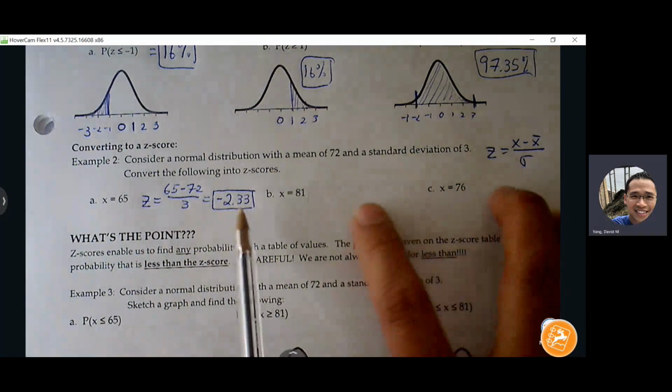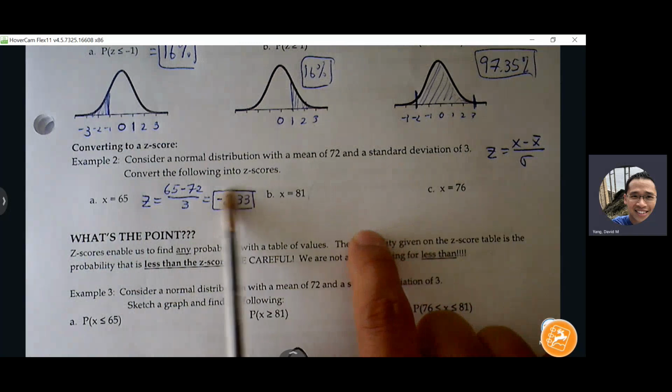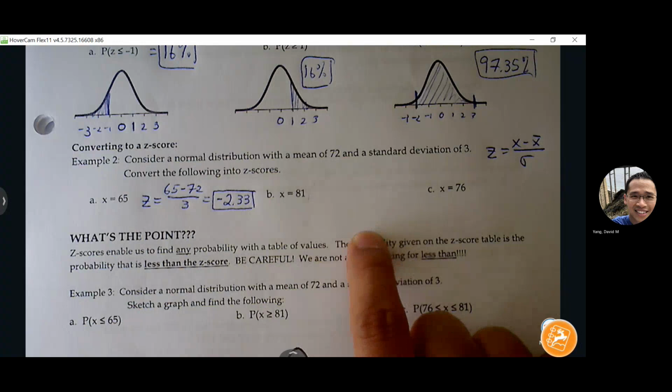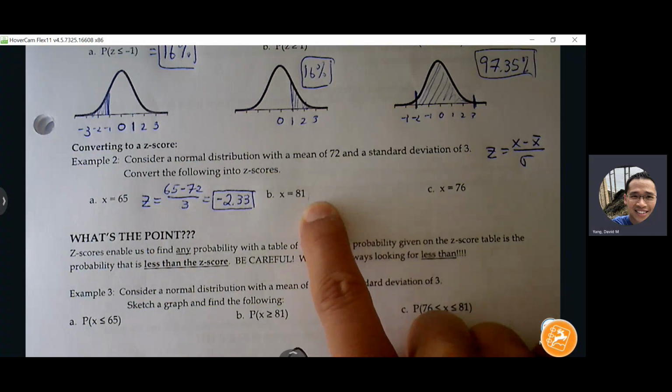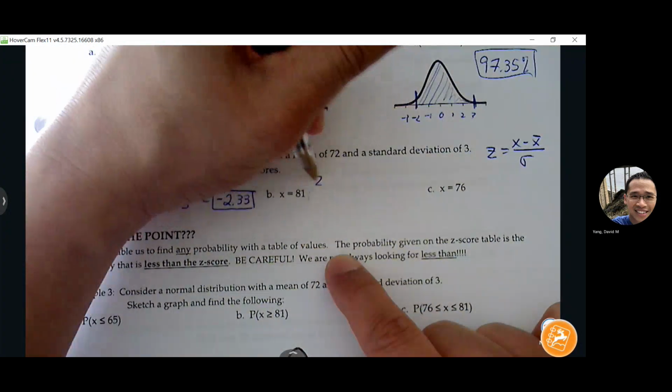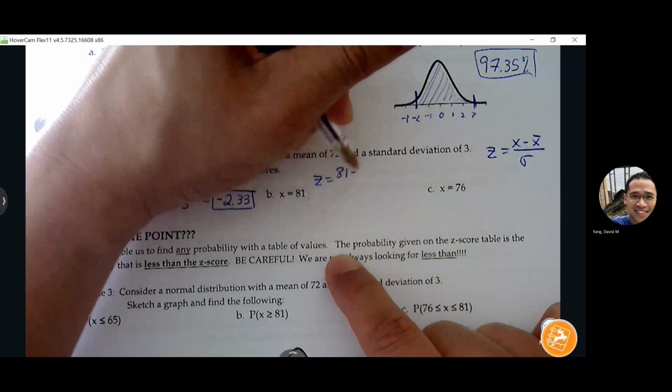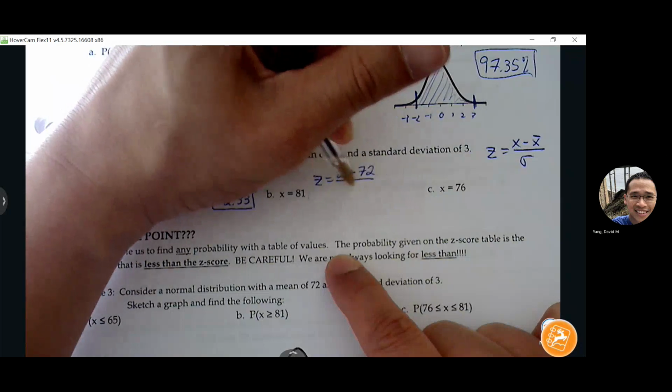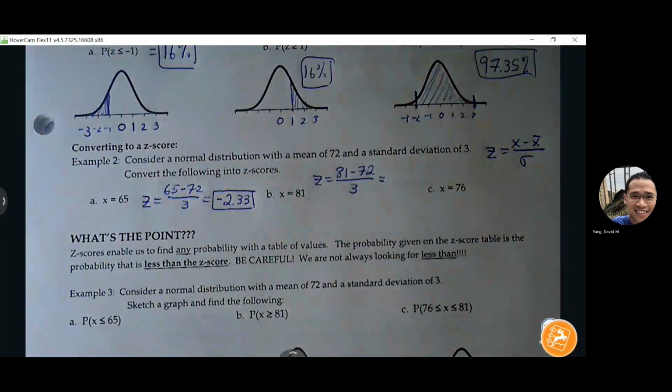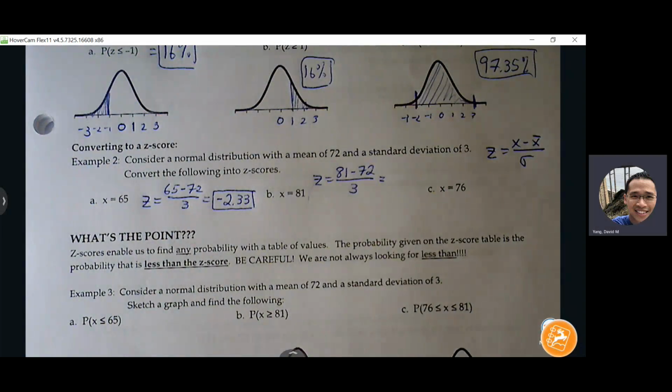Let's practice getting all the z-scores down, and then I'll talk about how we can interpret this number with the table. Okay, 81. Make your calculator do the work for you.